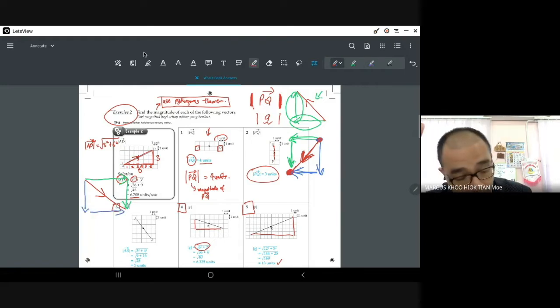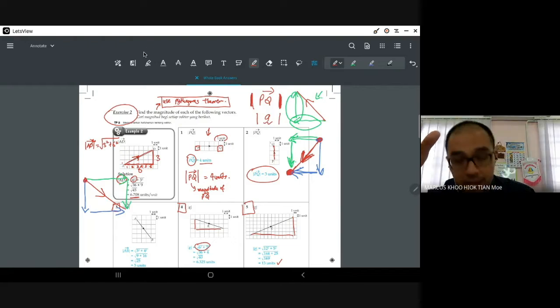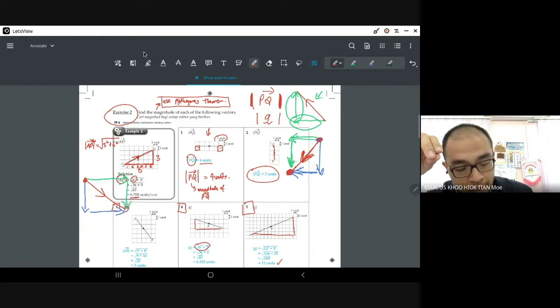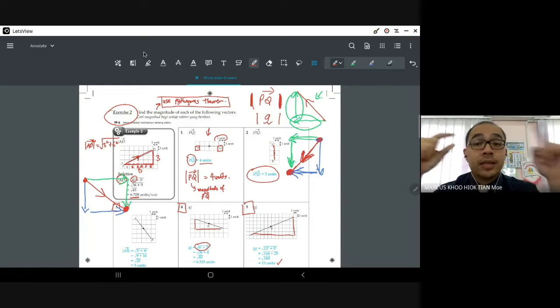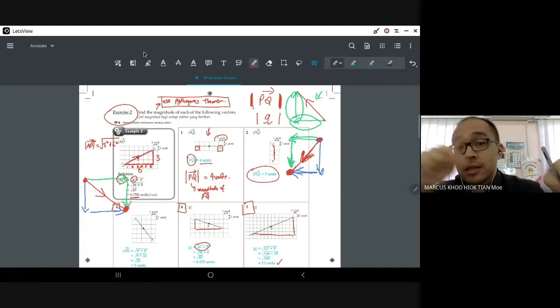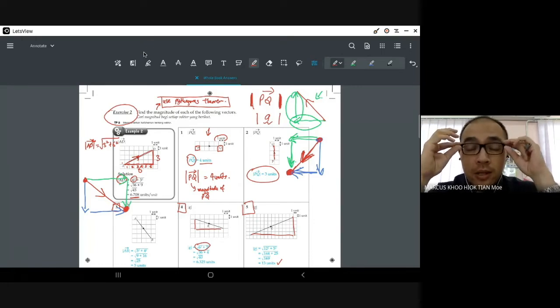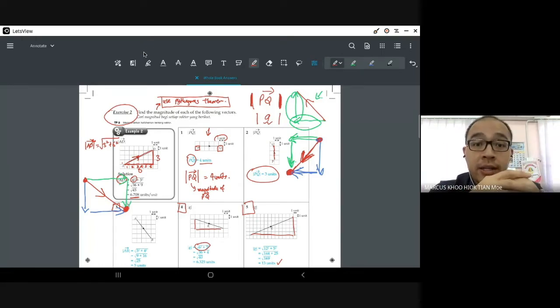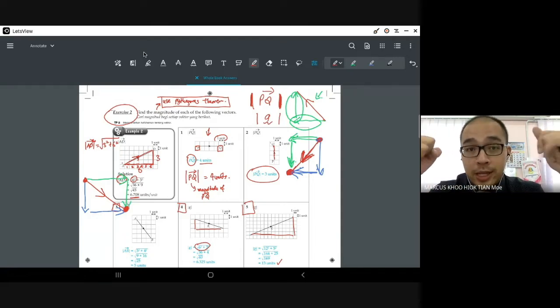It doesn't matter, because the initial point and the terminal point are the same. Whether you use the green one or the blue one, as long as you know the length, you can calculate the magnitude using Pythagoras theorem. This is what we studied yesterday.